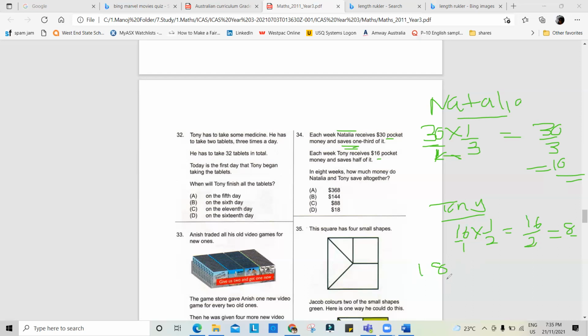And for 8 weeks, you have to multiply by 8. 8 by 8, 64. 6 left. 8 by 1, 8, 6, 144. That is the answer, right? Can you write it?